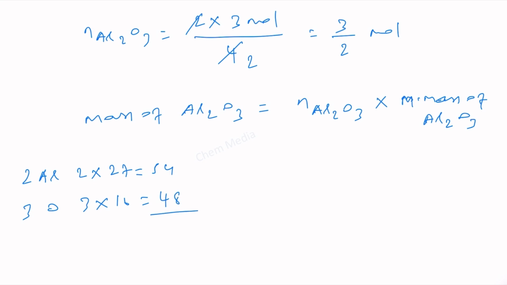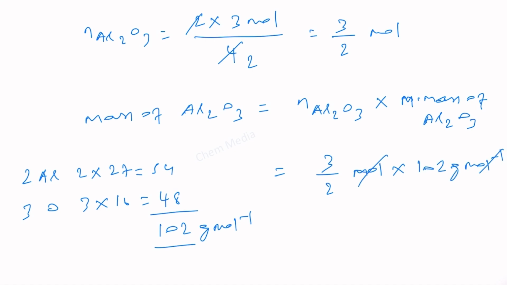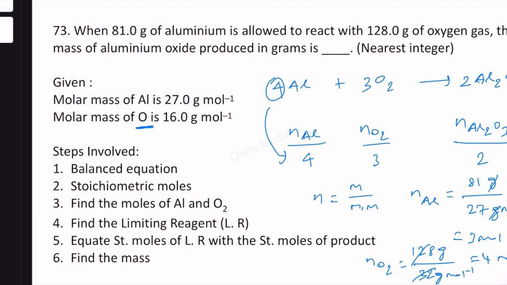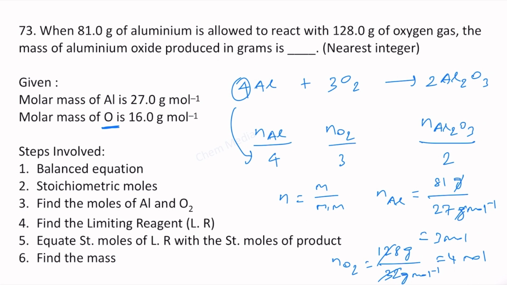Therefore, this total will be 102 gram per mole. Therefore, this is equal to 3 by 2 moles times 102 gram per mole. This will become 51. 51 times 3 is 153 gram. So that's the mass of Al2O3. Therefore, the correct answer here is 153.